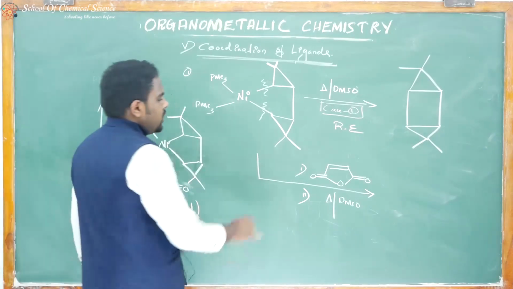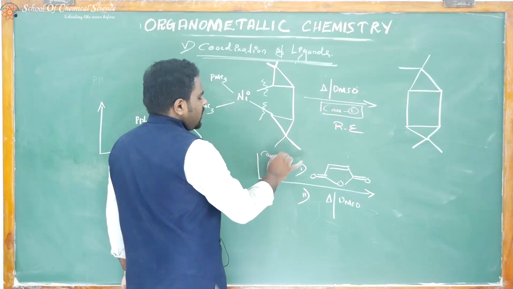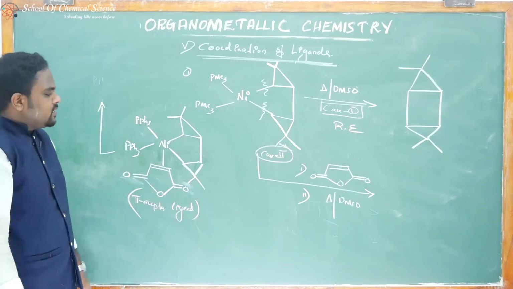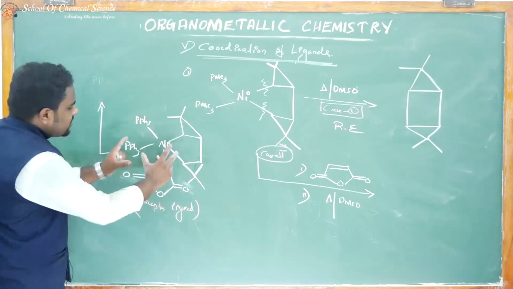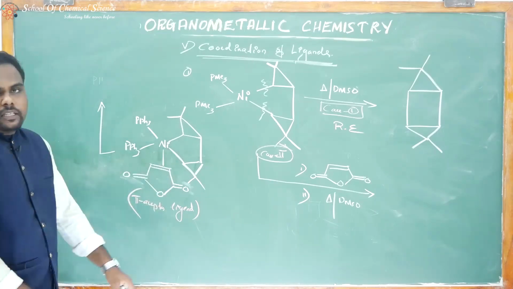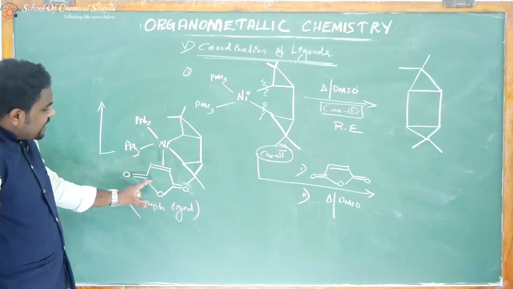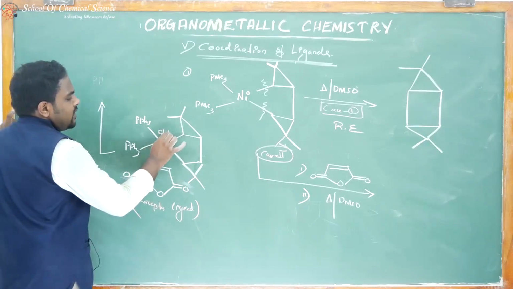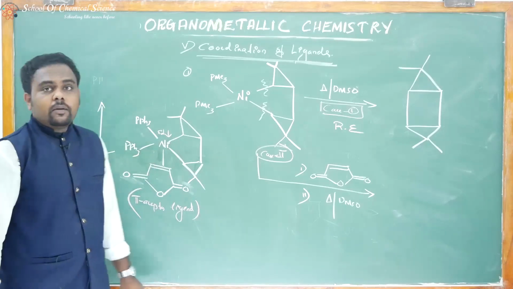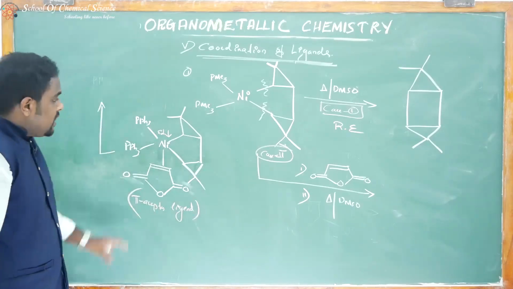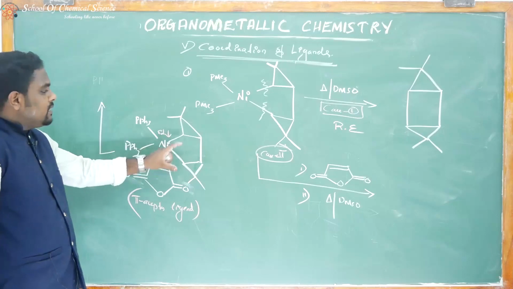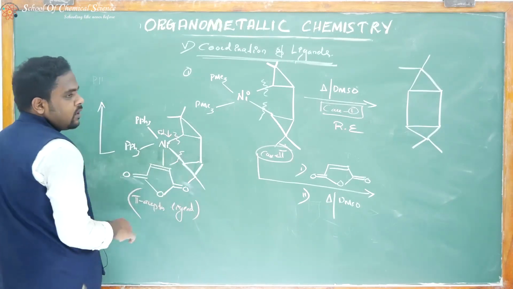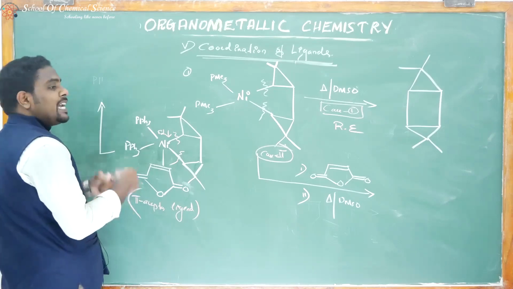This is case 2. In case 2, the first step is not a direct reductive elimination. Instead a pi acceptor ligand is coordinated to the metal. When a pi acceptor ligand is coordinated to the metal, definitely the metal electron density decreases. When metal electron density decreases, definitely the rate of reductive elimination increases.